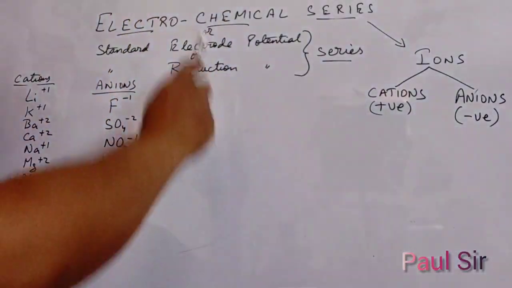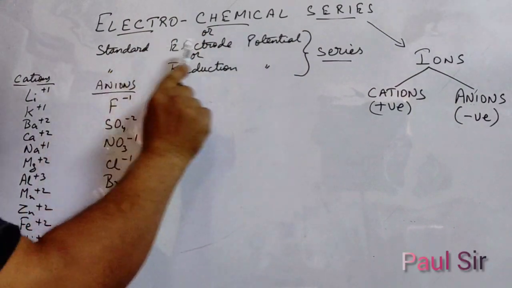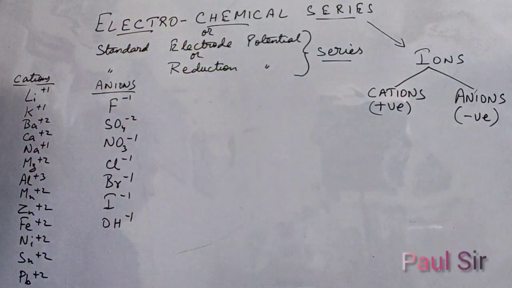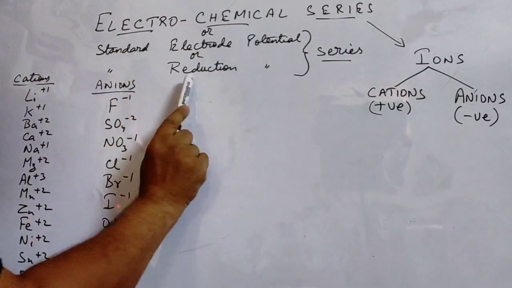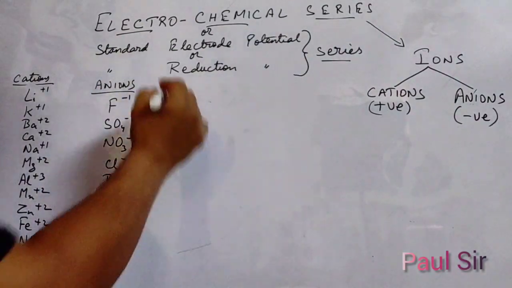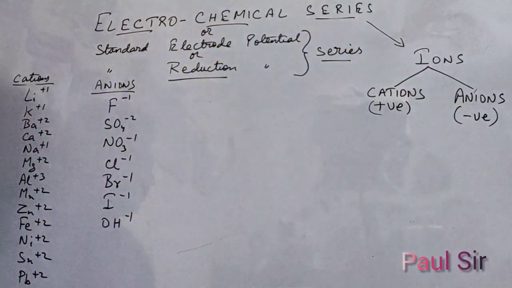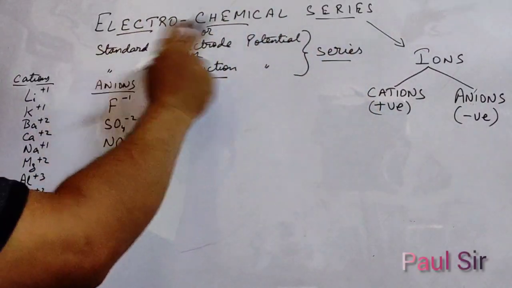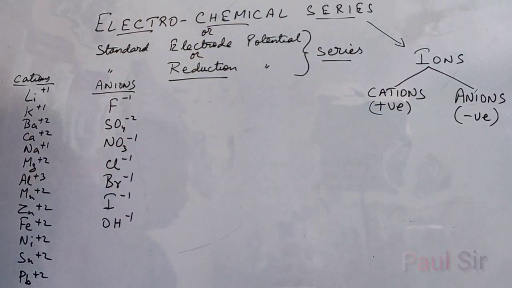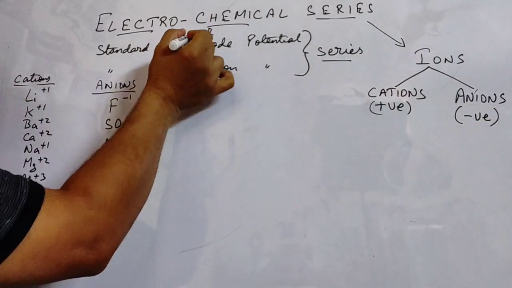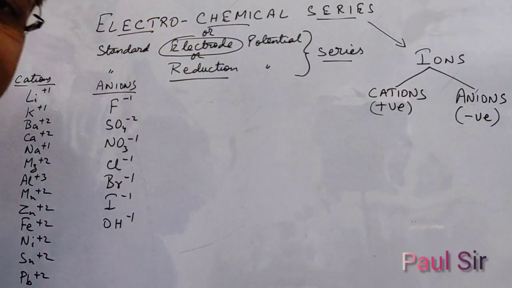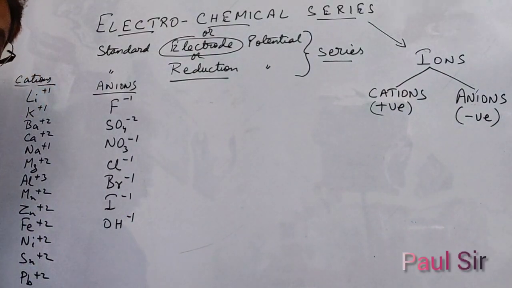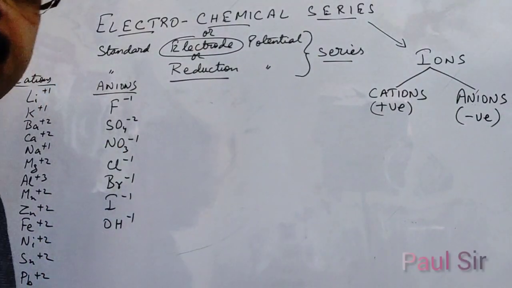Okay? This series can also be termed the standard electrode potential series, or the standard reduction potential series. Now, what's the meaning of this? Potential means strength. How much strength does an electrode have to discharge the ion which is attracted towards it?